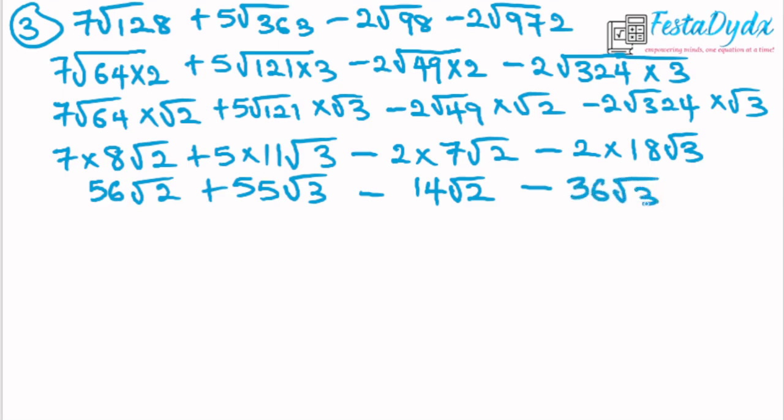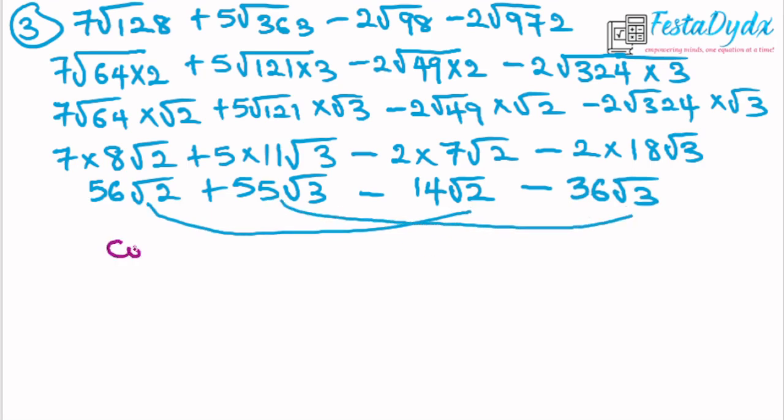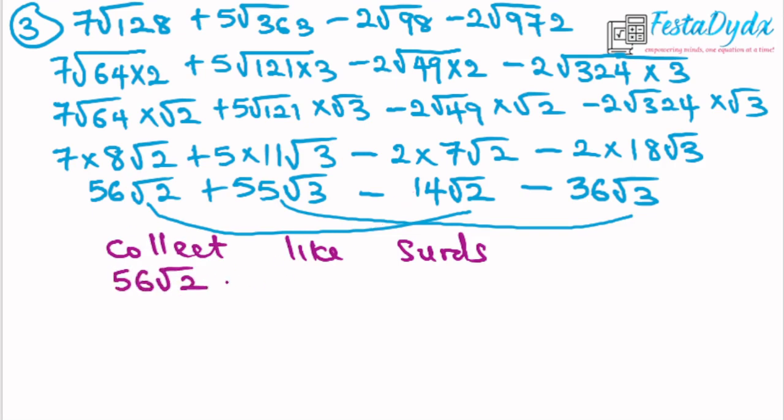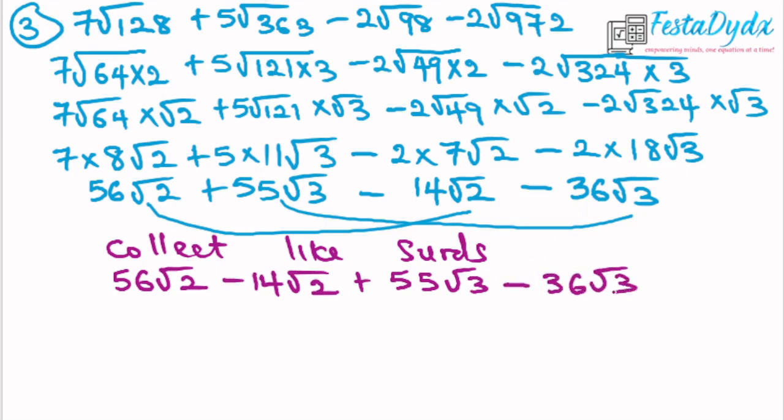36 root 3. So what we're going to do is root 2 and root 2, these are like surd. Root 3 and root 3, these are like surd. So collect like surd. 56 root 2 will go with minus 14 root 2, then plus 55 root 3 will go with minus 36 root 3.